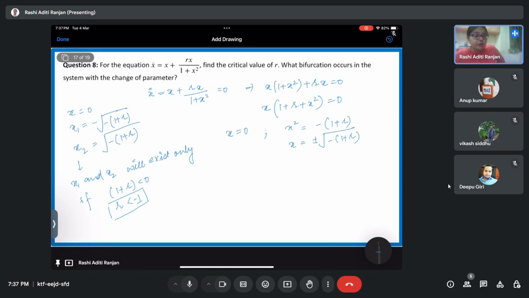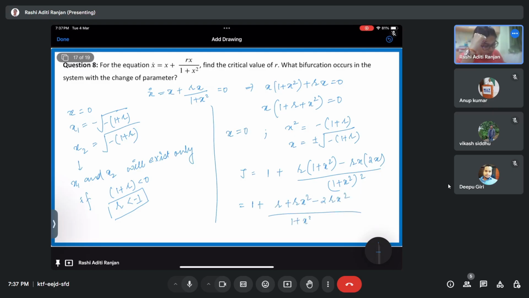Now coming on to talking about the stability. We'll compute the Jacobian. Okay, we'll differentiate. We'll have 1 plus the differentiation of the first function: (1 + x²) minus rx into 2x, divided by (1 + x²) whole squared. This is nothing but 1 plus (r x² minus 2 r x²) divided by (1 + x²)².